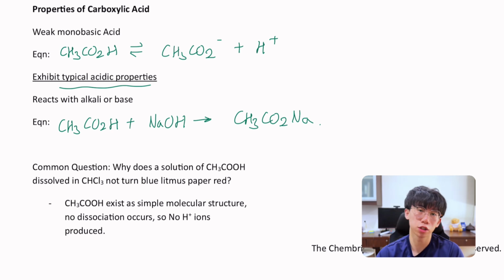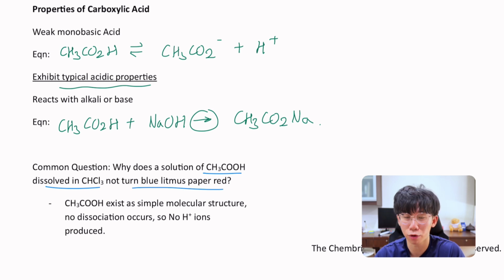Take note, reactions of weak acids doesn't mean that the arrow will be a half arrow, it will be a full arrow over here. It's only the dissociation of the carboxylic acid that will give the half arrow, because it is a partial dissociation of the weak monobasic acid. So a common question that comes out is, why does this solution of ethanoic acid dissolved in CHCl3, which is an organic solvent, not turn blue litmus paper red?